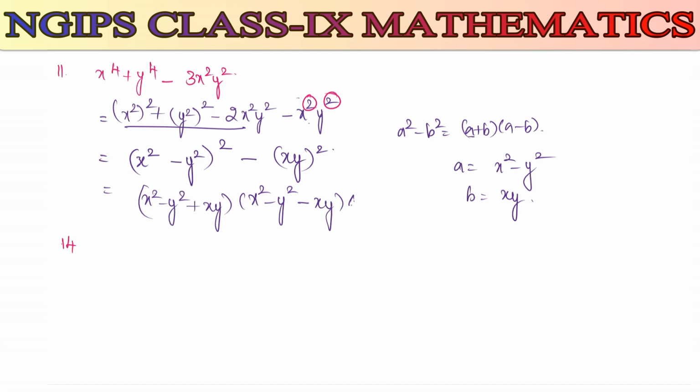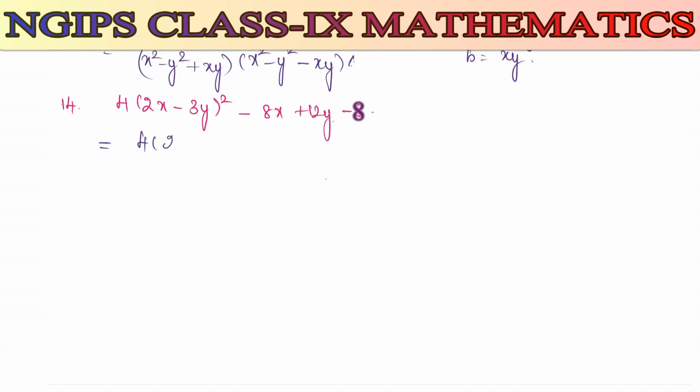The 14th one we have here: 4(2x − 3y)² − 8x + 12y − 4. From these two terms I am going to take −4 common, so the leftover is 2x − 3y − 8. Equal to, now I am going to substitute 2x − 3y as a.